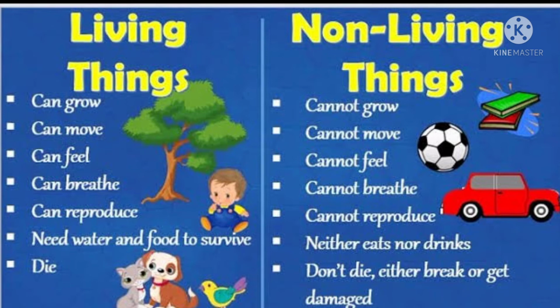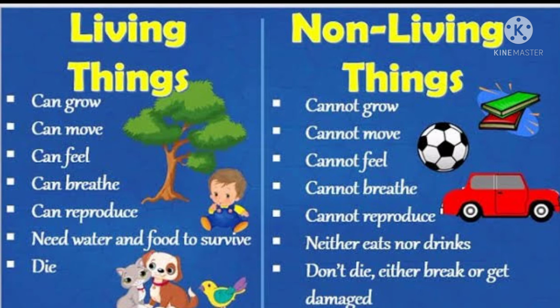So, my dear children, from this chapter we have understood that there are living things and non-living things. For example, a man, plants and animals are some of the living things, whereas a ball, books, TV and computer are examples of non-living things. Then what about the difference between these two?